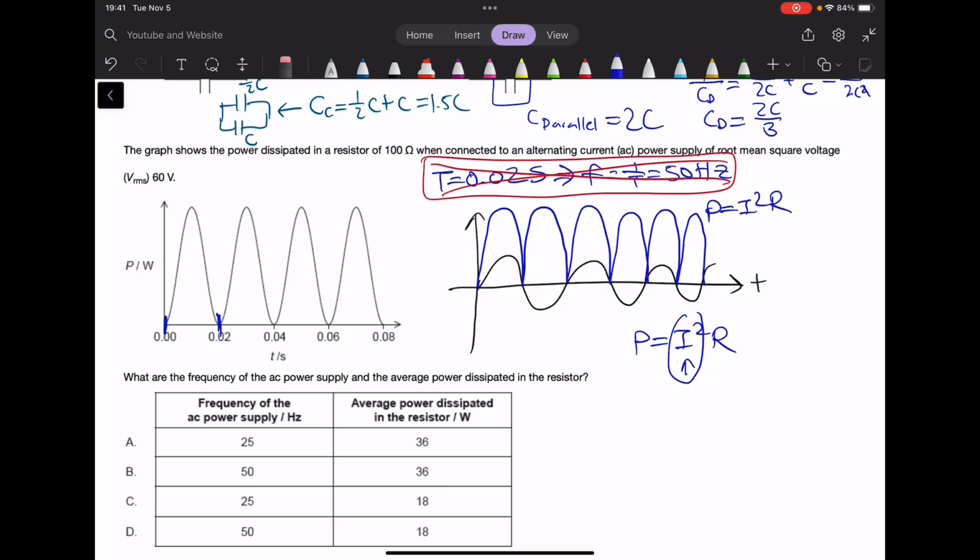So now if we want to find the period, we see that the period of current versus time is given by this, which corresponds to the period of power. So the true period here is not 0.02, but 0.04.